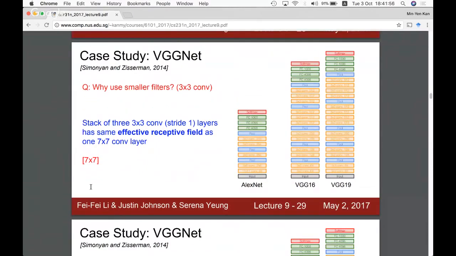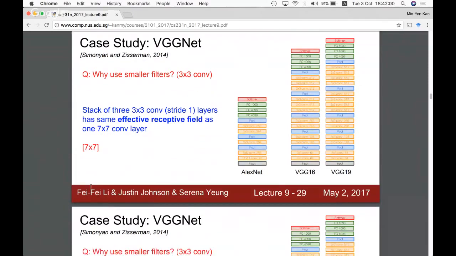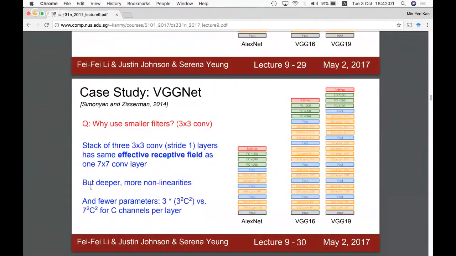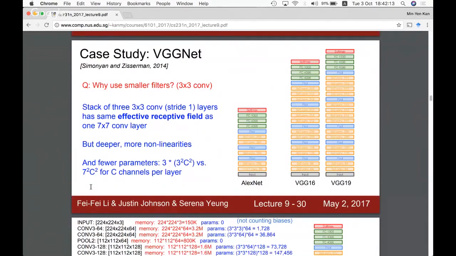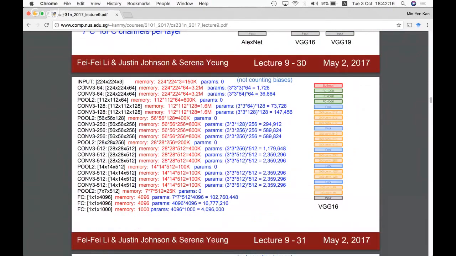So basically a stack of 3x3 conv layers has the same receptive field as a 7x7 conv layer, but now it's deeper, you're introducing more non-linearities after each layer, and you are computing fewer parameters. So that's good. Moving on.